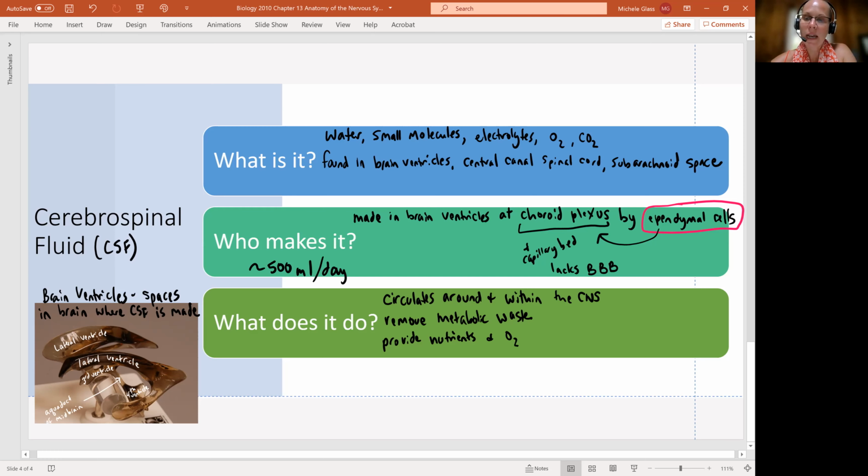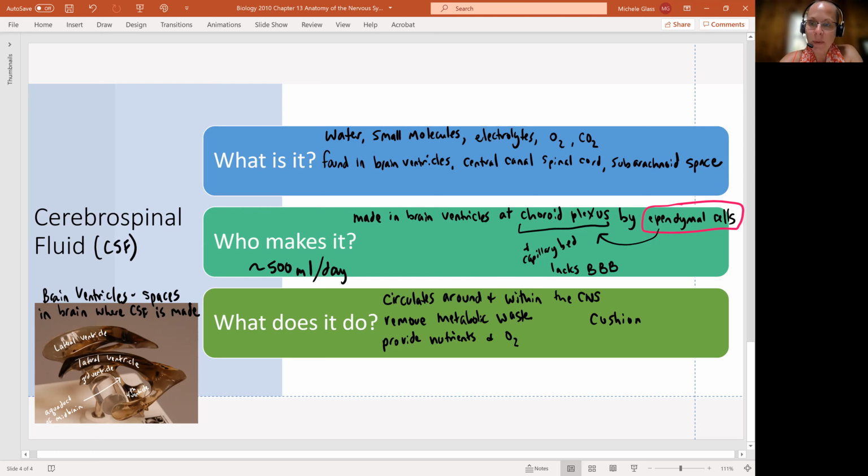We also see it acting as a cushion. Our brain and our spinal cord both are completely suspended in this fluid. So that's another shock absorber, or cushion, for this very sensitive, super important tissue, right?